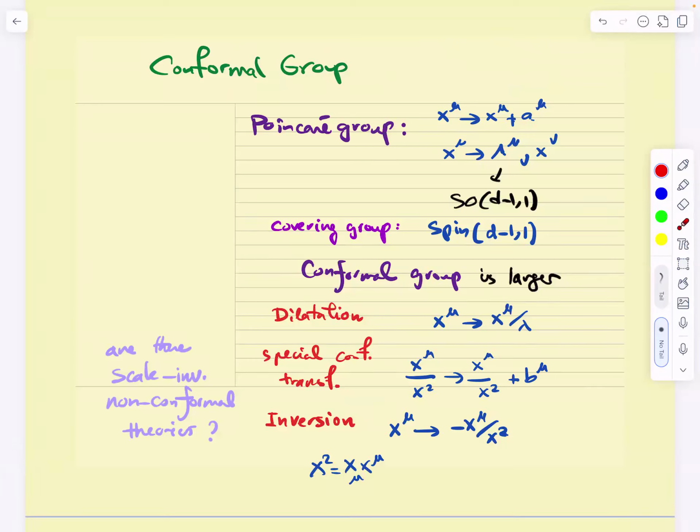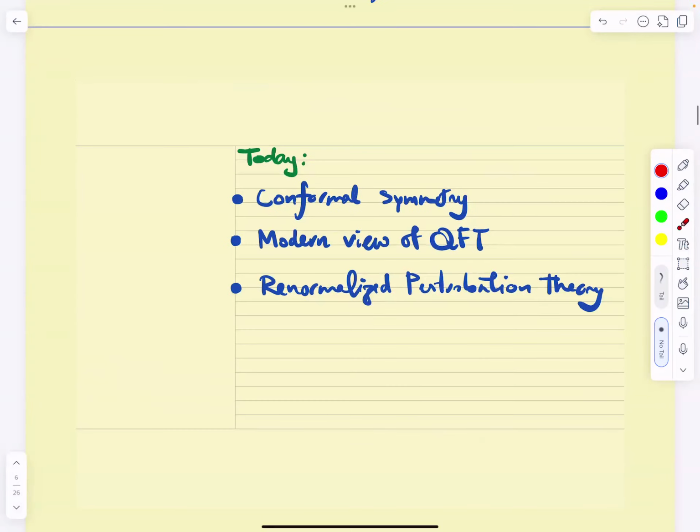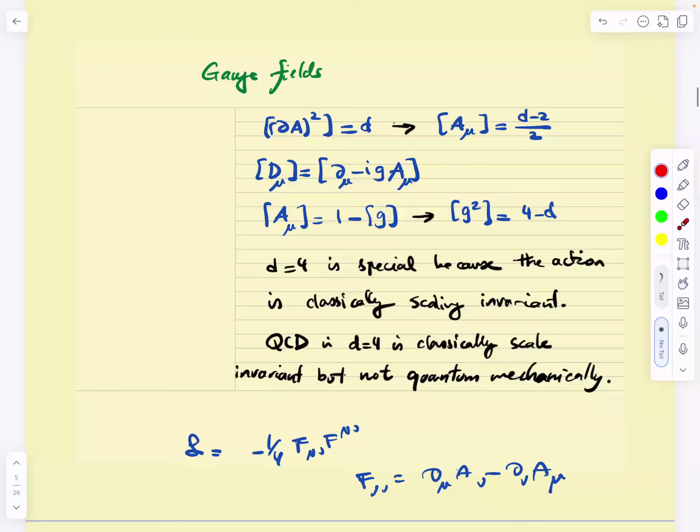Good. Professor, I have a question. Yes. In the gauge fields case, I think you mentioned that in dimension 4, it's because the action is scale invariant, so that means we only have to let the coupling constant have zero dimension. Is that right? It's dimensionless.